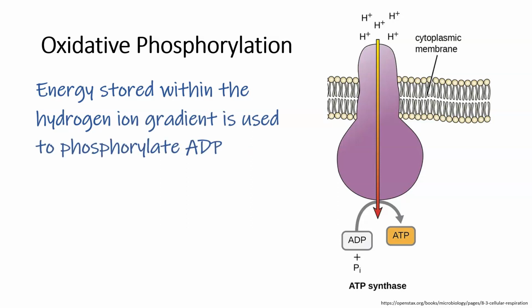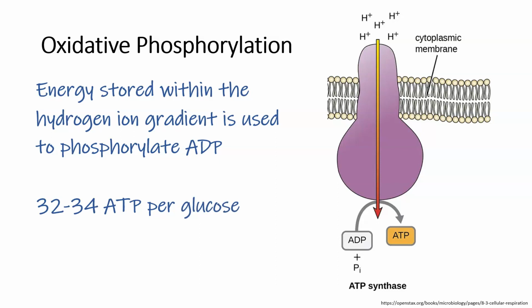For every glucose molecule that is oxidized through glycolysis, the intermediate step, and the Krebs cycle, 32 to 34 ATP are produced through oxidative phosphorylation. This is substantially more than is made through glycolysis and the Krebs cycle.